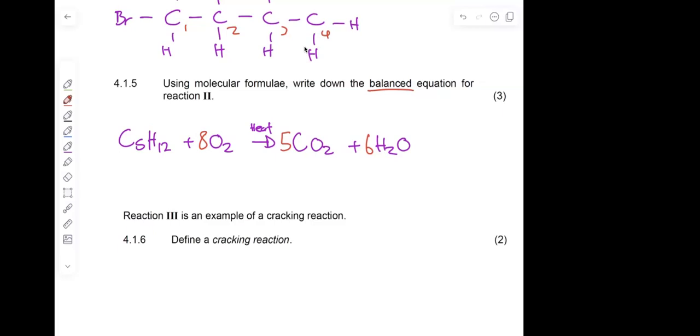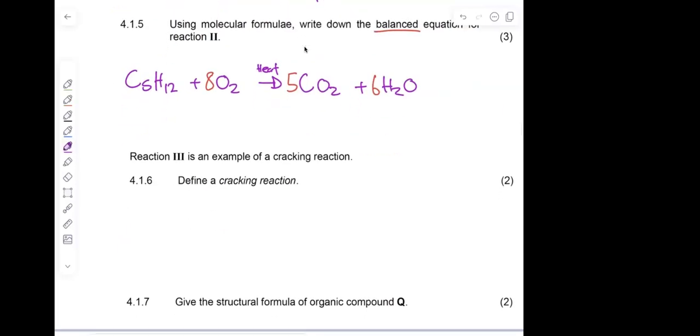So in short, I'll quickly put there: it's a process where long chain hydrocarbons are broken down into shorter molecules.